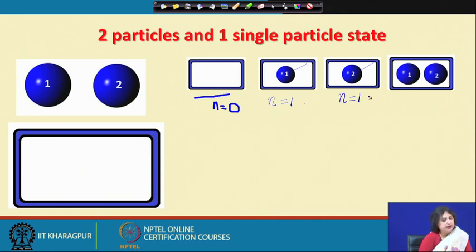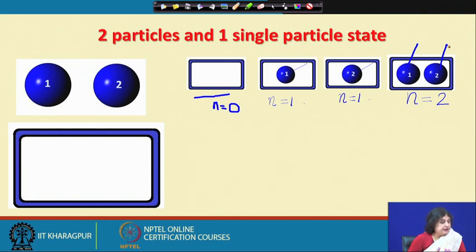Now, let us have a look at the third option, where I have shown you the only possible state with the occupation number n equal to 2. Here, both particle 1 and particle 2 have been put simultaneously in the box.